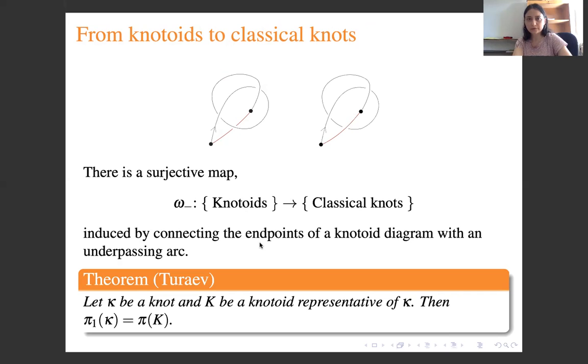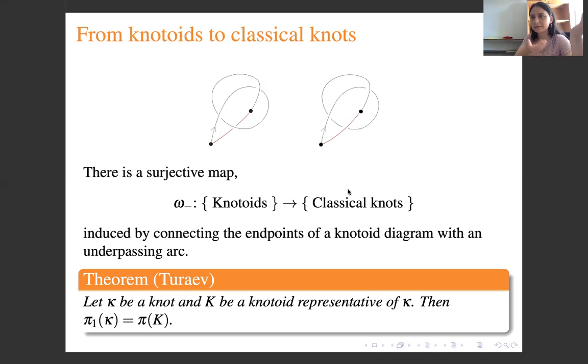So these closures suggest to us, as Turaev observed in his paper, that some computationally complicated knot invariants can be computed over knotoid representatives of that knot. So if we are given a complicated knot diagram, we can just delete one underpassing strand from that diagram to obtain a knotoid diagram.